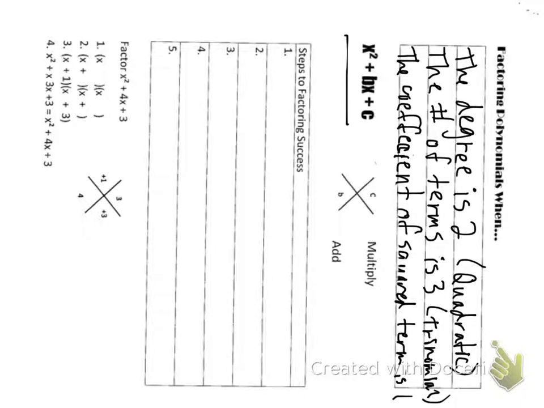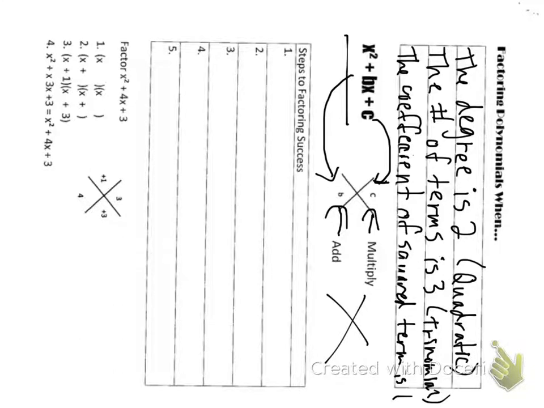We'll always put my c value in the top of our x, and we'll put our b value in the bottom of our x. And so whenever we're factoring, we're looking for 2 numbers that multiply to give me my c value, and also at the same time add to give me my b value. Hopefully that makes more sense once we jump into some examples.